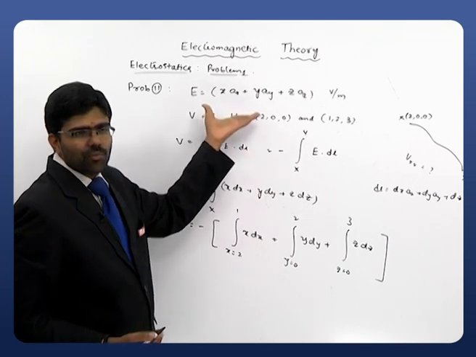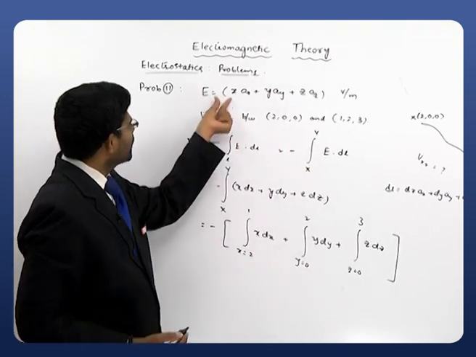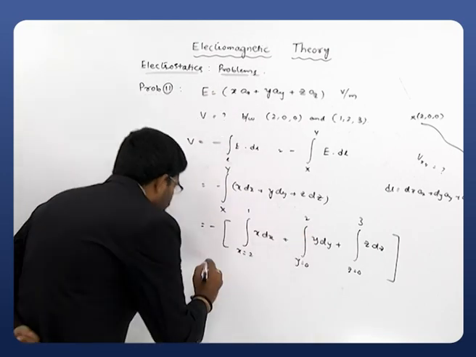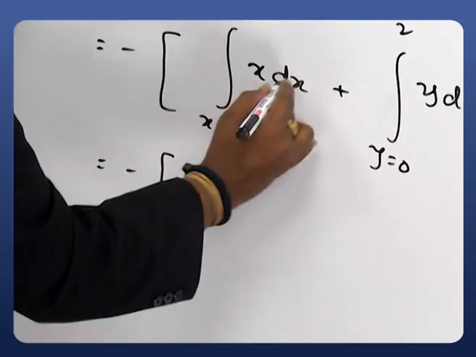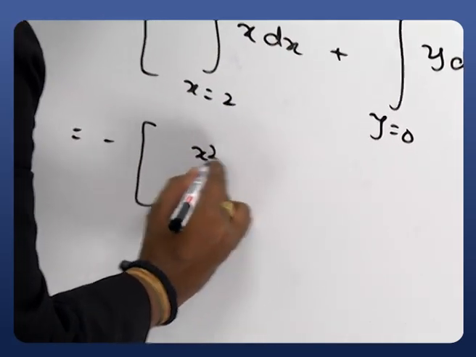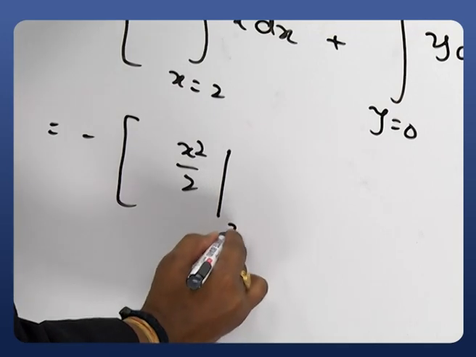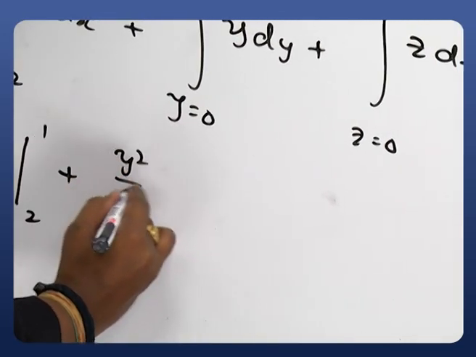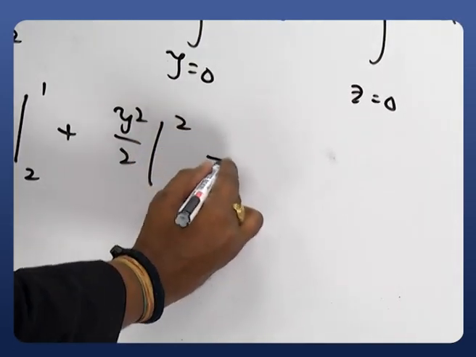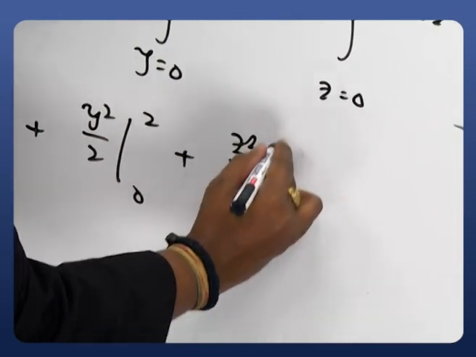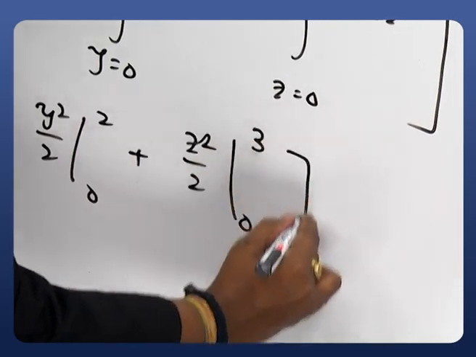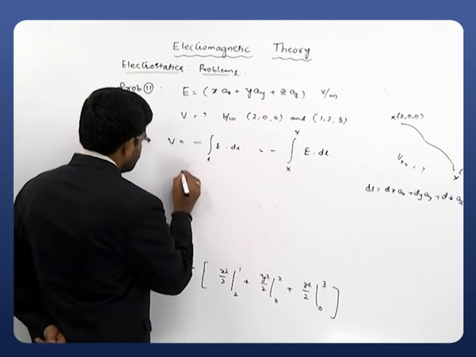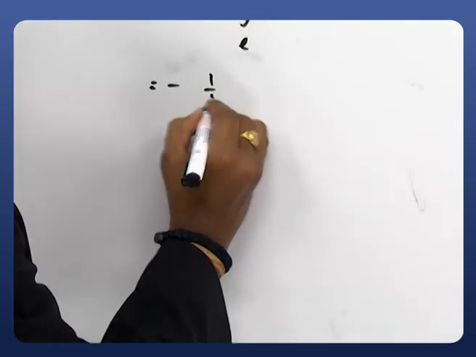So what we are taking from point x to point y can be calculated using its electric field intensity with this simple integration. What we get is equal to minus the integration of x, which is x square by 2, with limits from 2 to 1, plus for y also y square by 2 from 0 to 2, plus z square by 2 from 0 to 3. Now simplify this. I will take the 1 by 2 common.